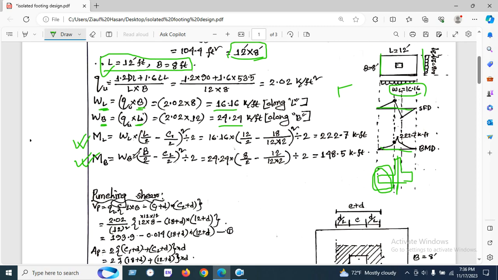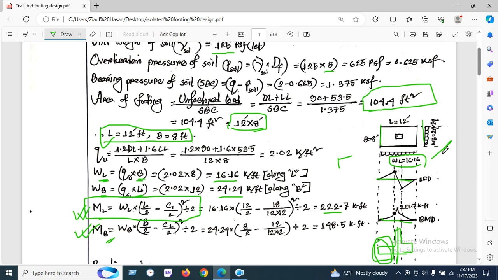We set this value for deducting, and this formula is only for the cantilever. We explained earlier why we use this. So ML equals wL times (L by 2 minus C1 by 2) squared divided by 2, and we found the value 222.7 kip-feet. In the same way we have used it in the B direction.